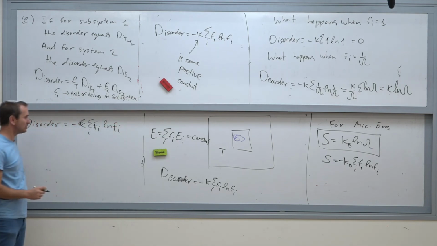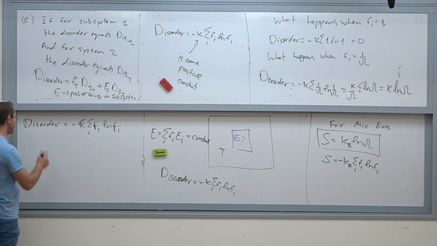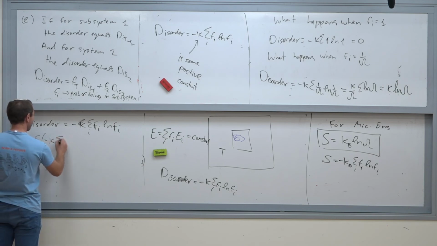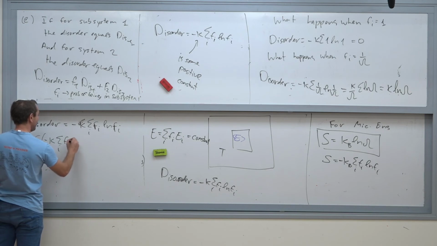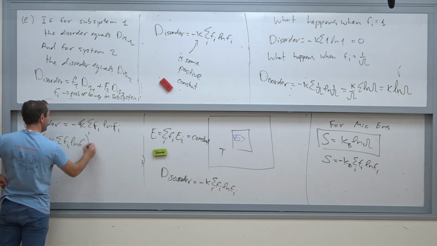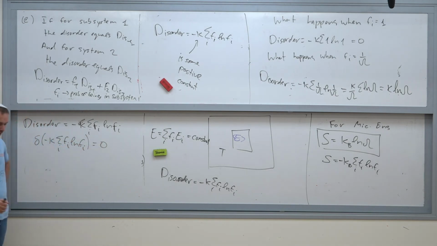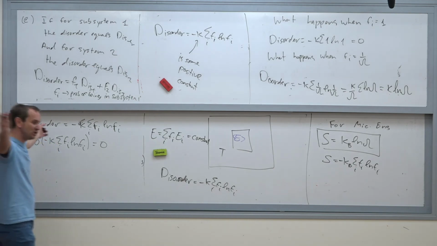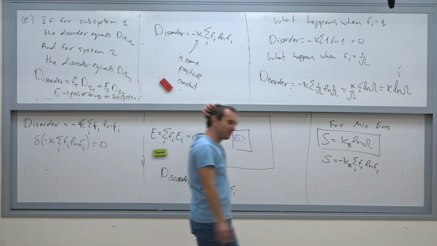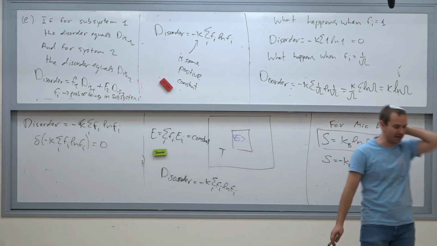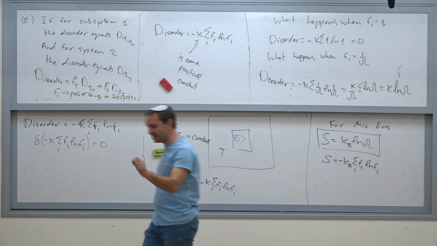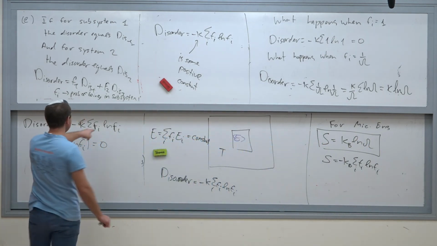Okay, this is my disorder. I want to take a variation of this, so a delta of minus k sum of i, Fi, log of Fi, and I want to compare it to 0. Okay, so this is some general function. I have a lot of different probabilities, Fi's. They can be somehow correlated. We'll see how exactly. And I want to find the exact situation when this guy is maximal.